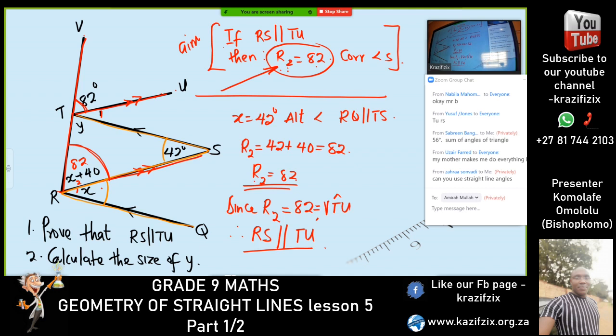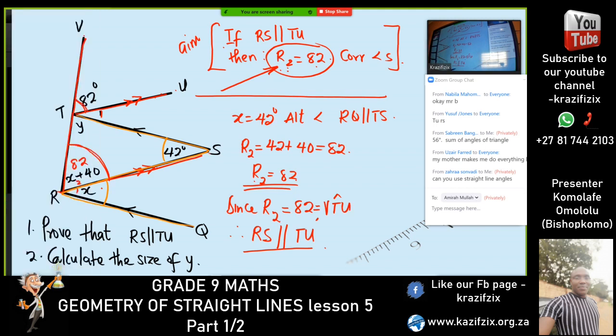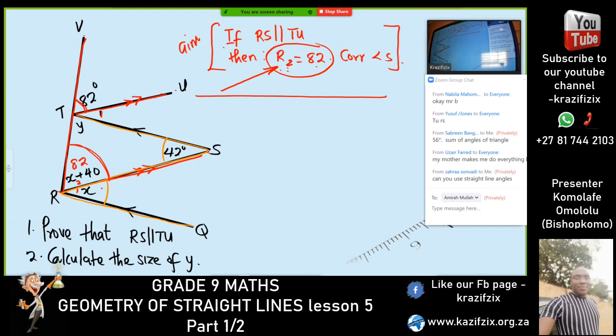So there are so many ways to get to the final answer here. And I'm glad that we are all using different ways, but we're still getting the same answer. That's the beauty of mathematics.